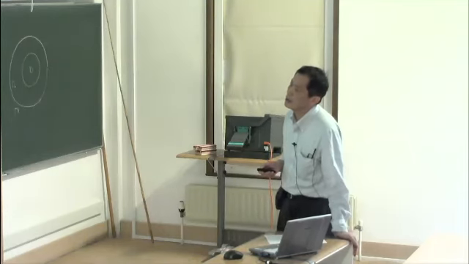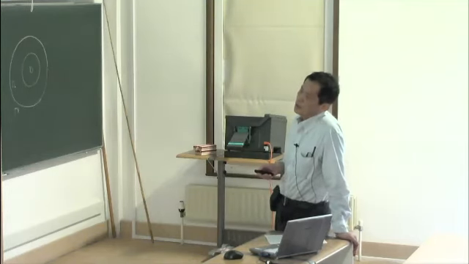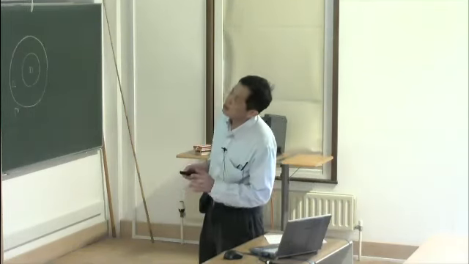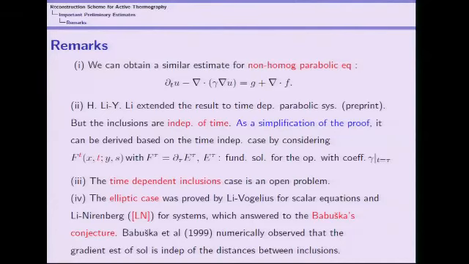And then after that, Li and Nirenberg really proved it for the elastic system. And now comes the result for the parabolic system, which was proved by the two Lis, Haigang Li and Yanyan Li.